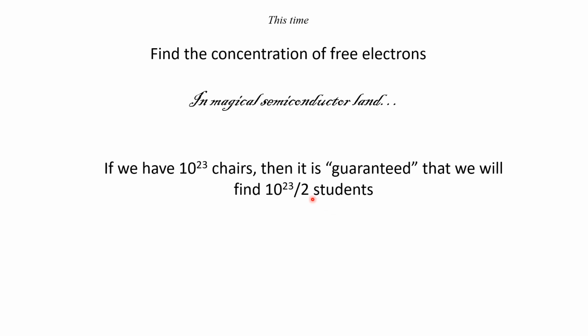So if we get 0.5 times 10 to the 23, we get 10 to the power of 23 divided by 2. In other words, we can find the number of students by adding the probability of occupation of each chair as long as the number of chairs is macroscopic.